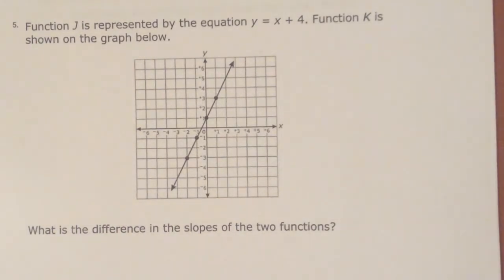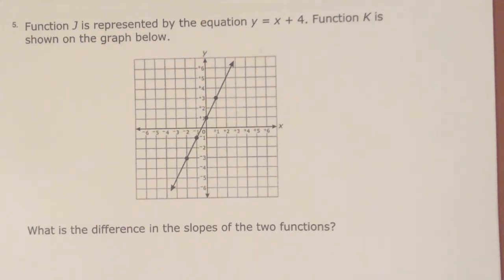Function J is represented by the equation y equals x plus 4. Function K is shown on the graph below. What is the difference of the slopes of the two functions?